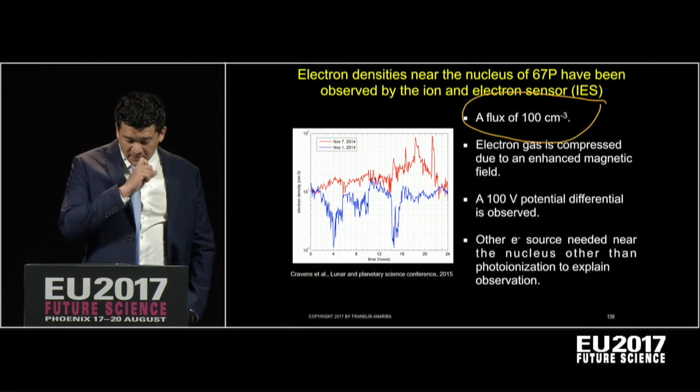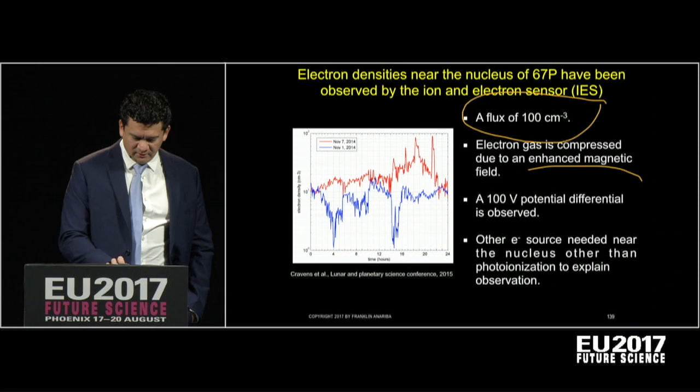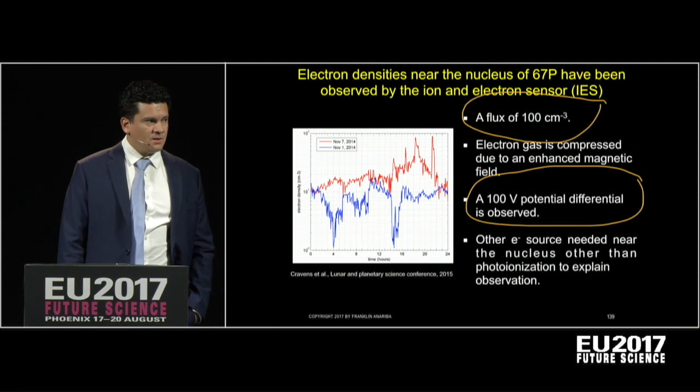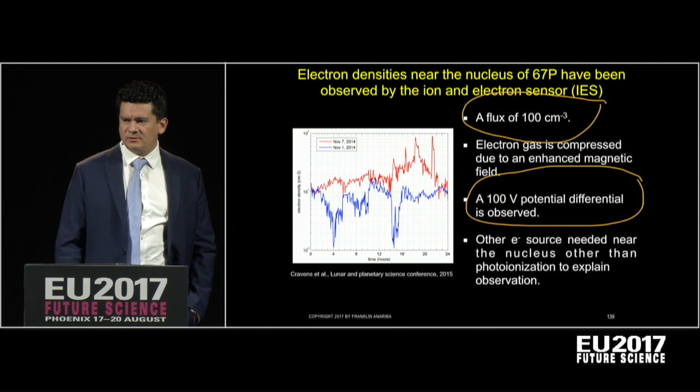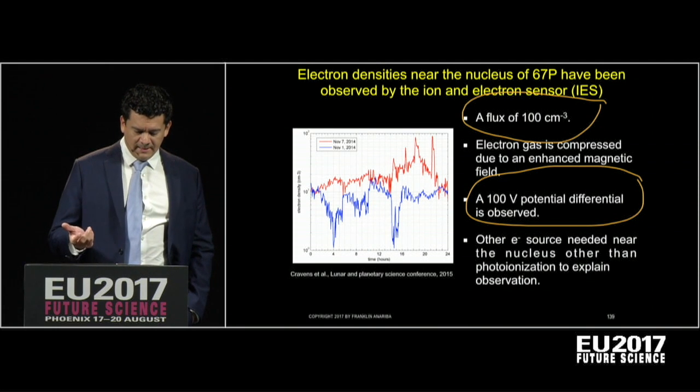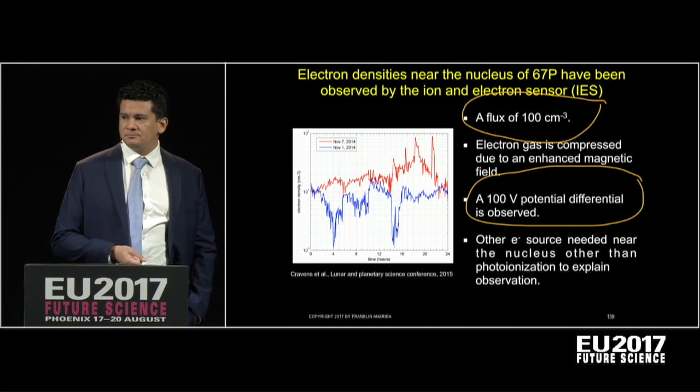And I just want to highlight this potential here: it's a 100 volts potential difference observed in the vicinity of the nucleus of 67P. This is a lot. I don't know, from a chemical perspective, it's a lot of energy. All right.